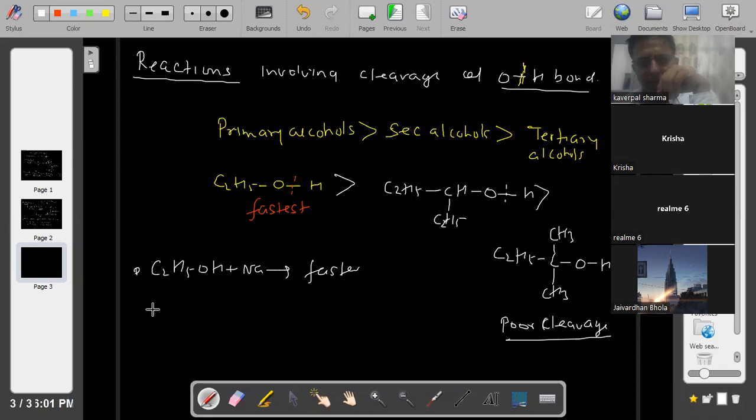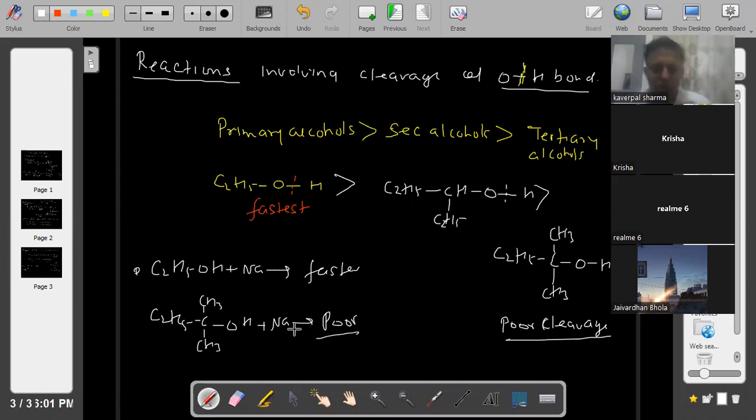If you are taking CH3OH plus Na, that is poor. Because here it will prefer to break this bond, not this. So this is the reason the sodium will react fastest with this and poorest with this, in the cleavage of OH bonds.